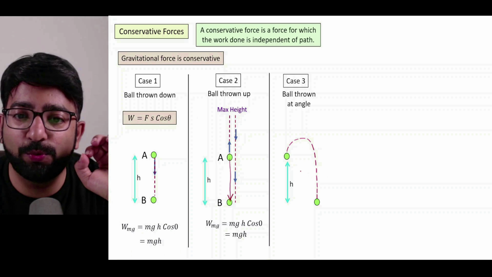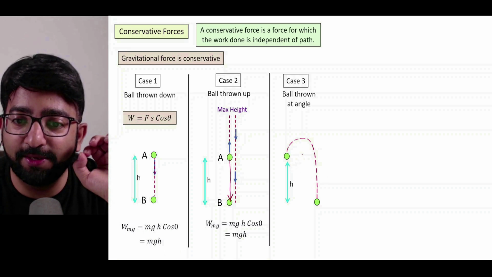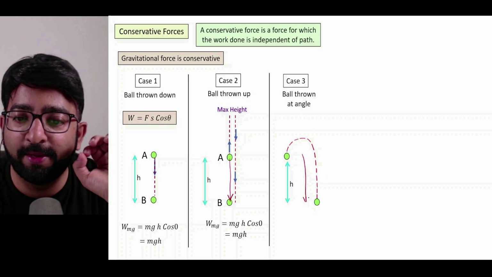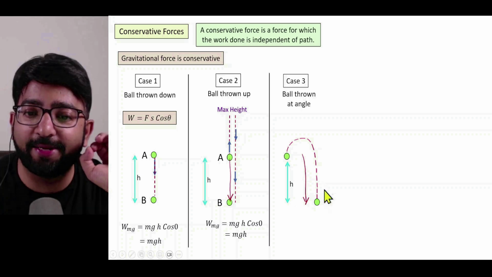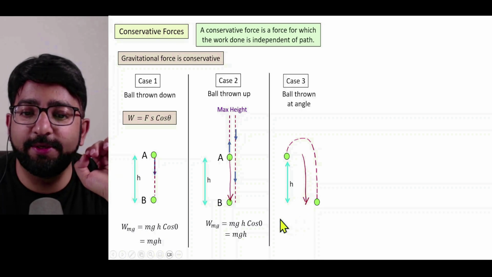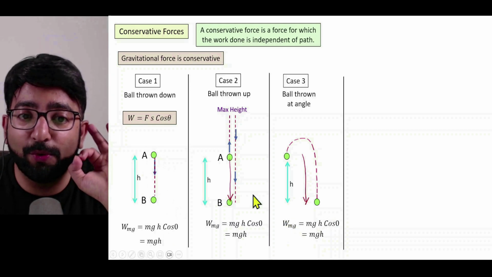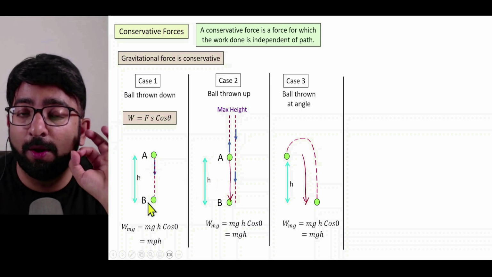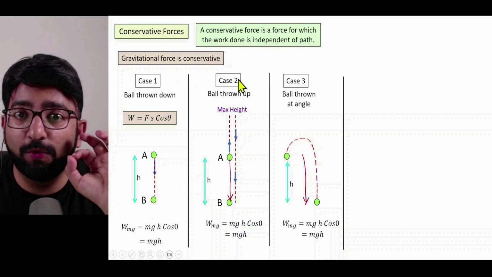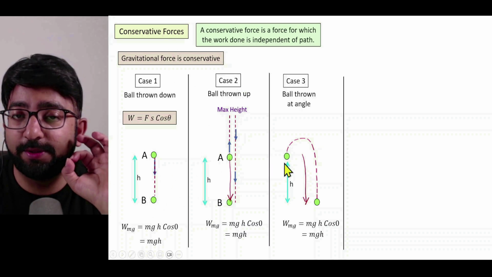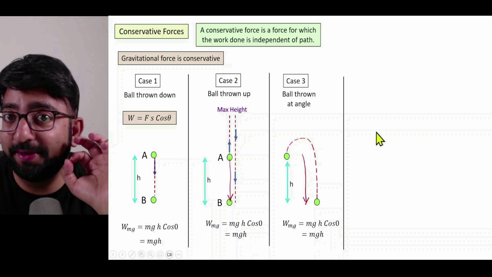The displacement, even in this case, will be h, because if I connect the initial point with the final point, this distance is also h. And like in the previous two cases, the work done by the gravitational force will again be mgh. So you can analyze that as long as the initial and final points are the same, the work done by the gravitational force does not depend on the path taken. It is the same in all three cases.